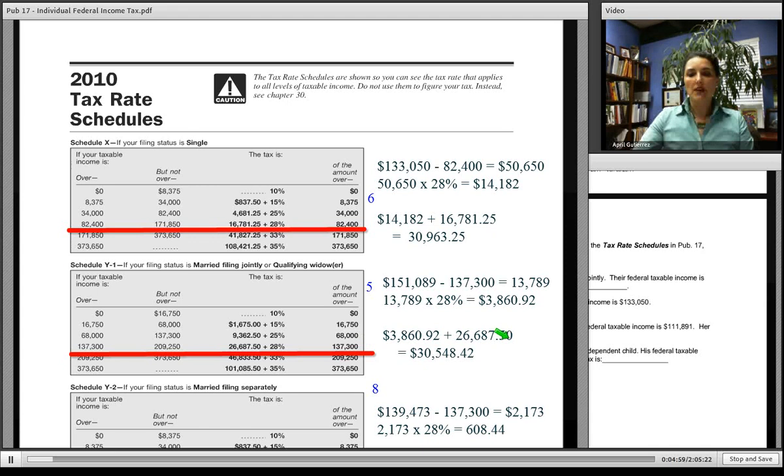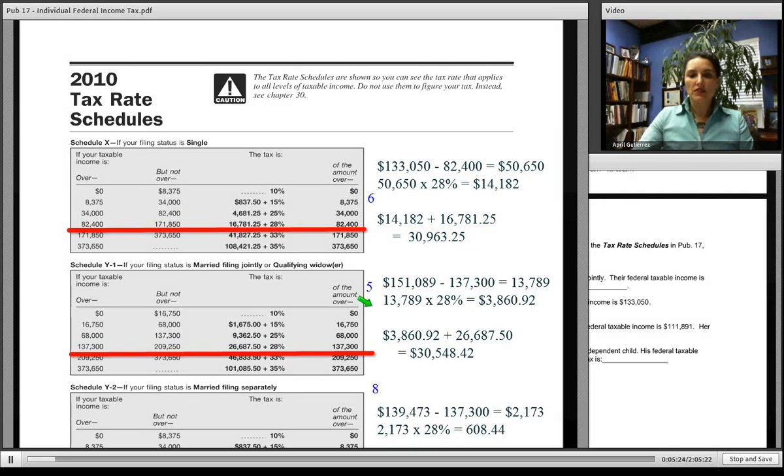When you do that, you get $13,789. The next step is to look at their tax. According to these tax tables, they are now in the 28% tax bracket. So we're going to multiply that difference of $13,789 by 28%, and when we do that, we get $3,860.92.